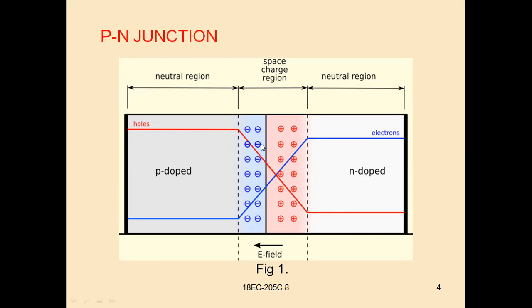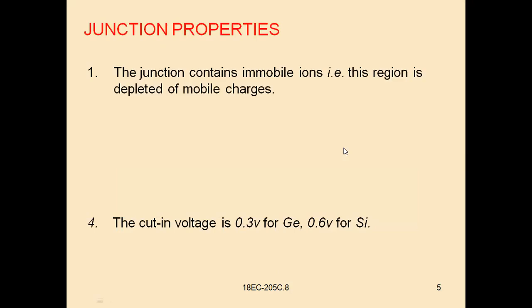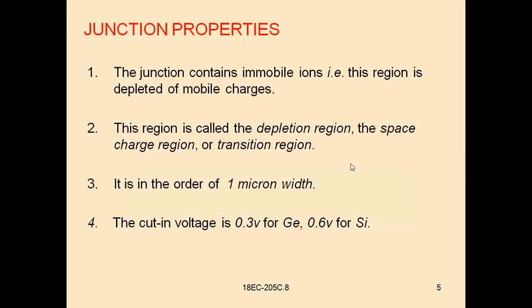Let us see the properties of this junction. The junction contains immobile ions. This region is depleted of mobile charges. This region is also called the depletion region, the space charge region or transition region.